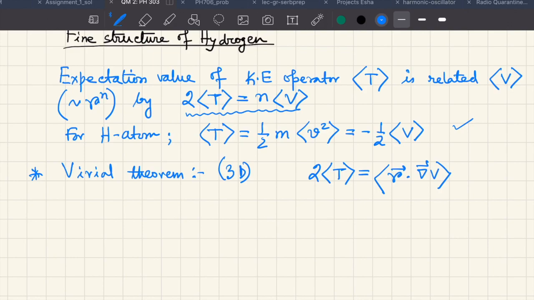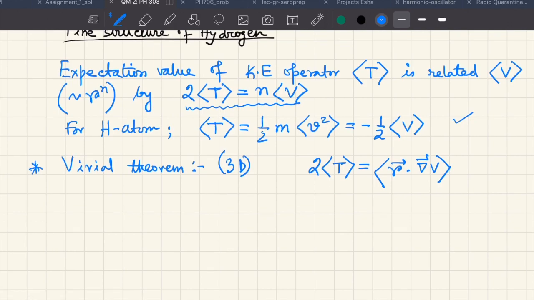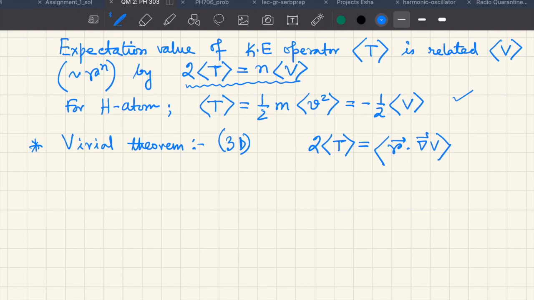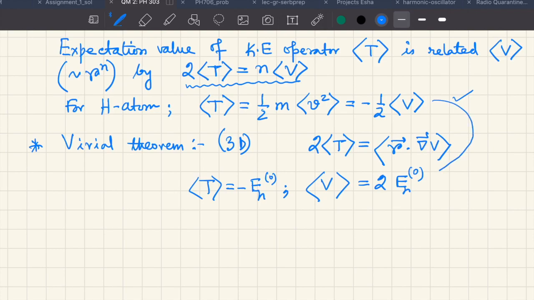For the hydrogen atom, you can easily show that the expectation value of the potential is 2 times En0, and the kinetic energy expectation value is minus En0. So both of these are related. You can try to relate them as a homework.